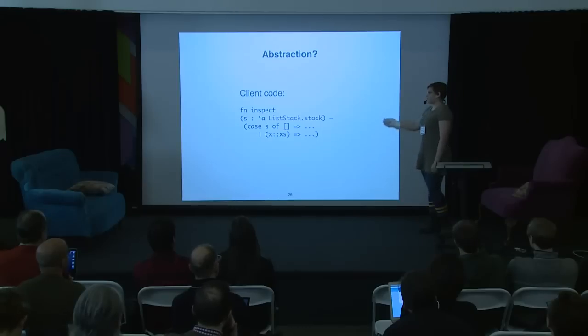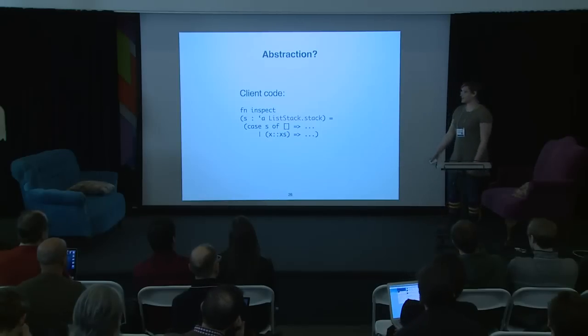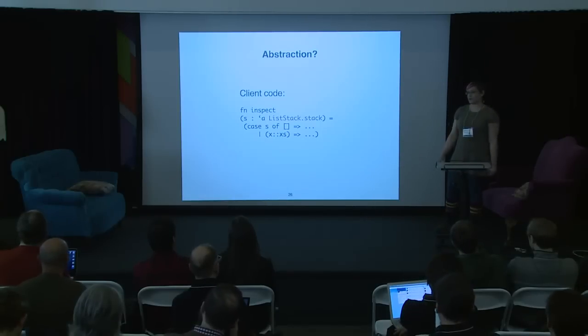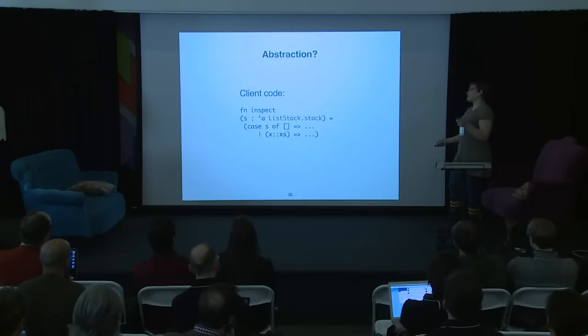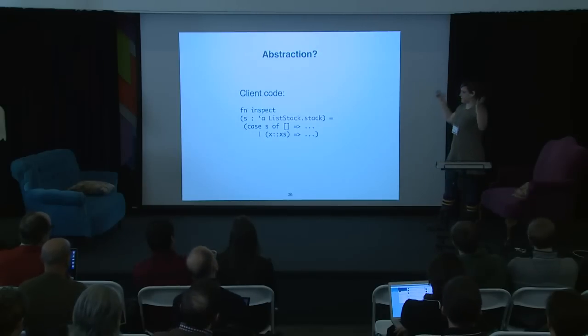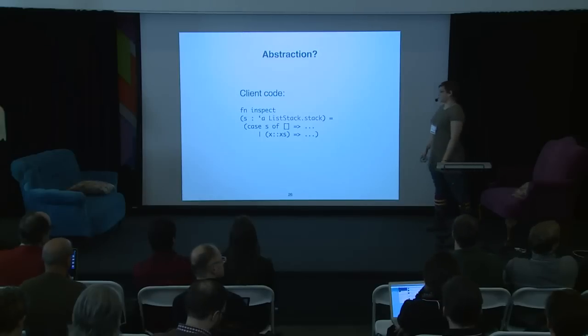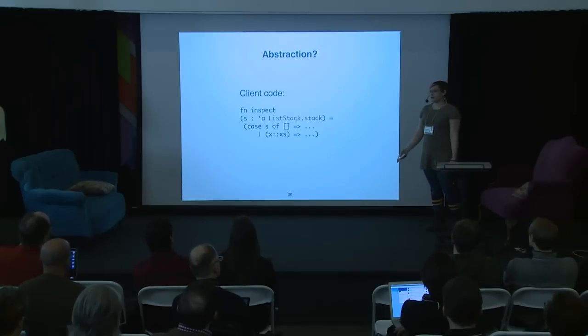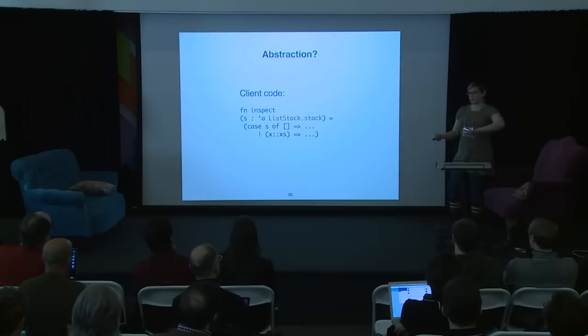Well, let's suppose in our client code we try to inspect some data of type alpha list Stack.stack, and then we pattern match on it because we're like, oh, I know you're actually representing that as a list, so I'm gonna use pattern matching because I love pattern matching, and so I'm gonna do something for the nil case and the cons case. And then you go in and you change the underlying type representation to the pair of a list and a size, and suddenly your pattern matching code breaks.